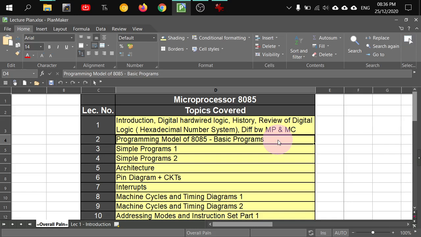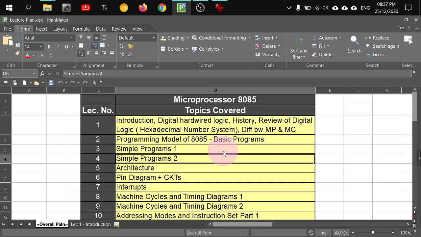Then we also started some simple programs in that lecture itself, and then we wrote simple programs in two further lectures where we saw how to deal with various parts of microprocessors. We saw how to deal with registers, how to deal with externally interfaced memory, and how to deal with the stack, and we saw various operations there.